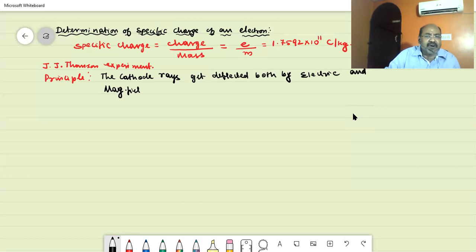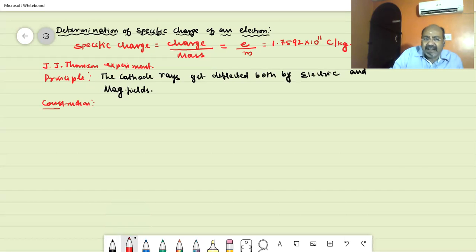This concept of deflection produced by electric and magnetic fields on the cathode rays is taken as the principle behind the determination of the specific charge or e by m. So let us consider the construction of the apparatus.